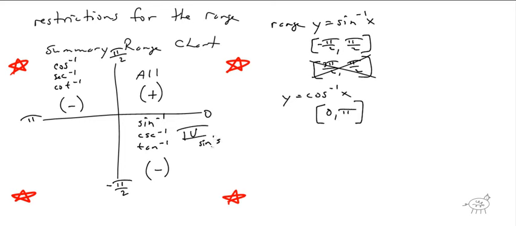That's sine, 1 over sine, and sine over cosine. And in the second quadrant, the cosines rule, because you have cosine, 1 over cosine, and cosine over sine.